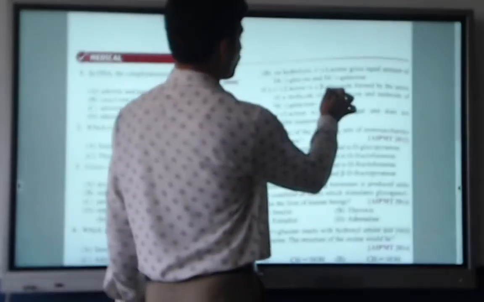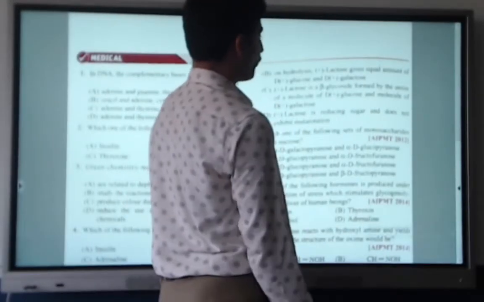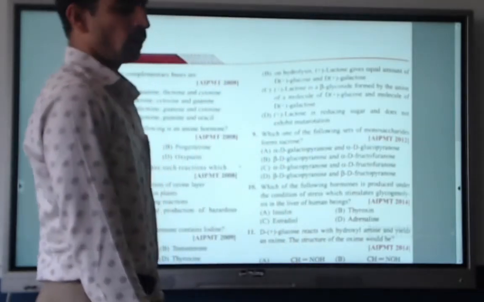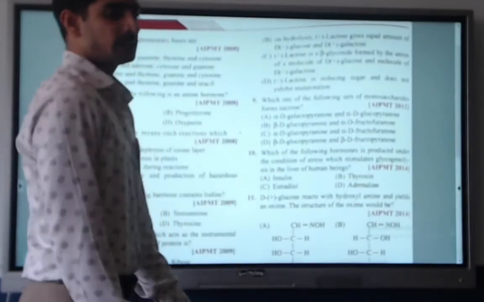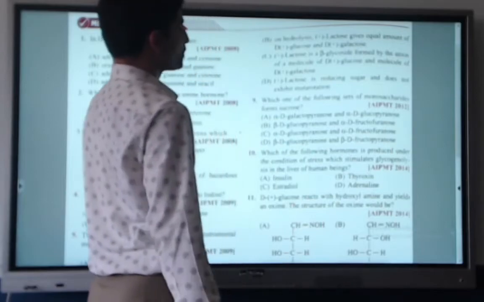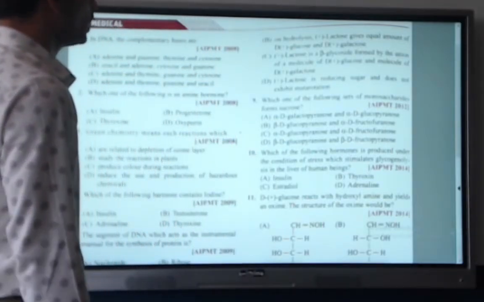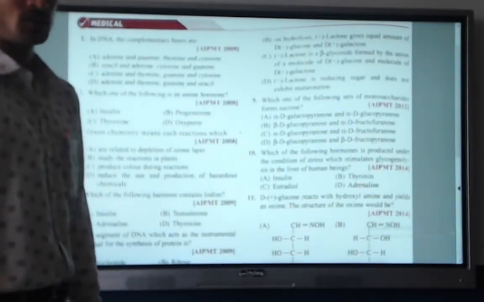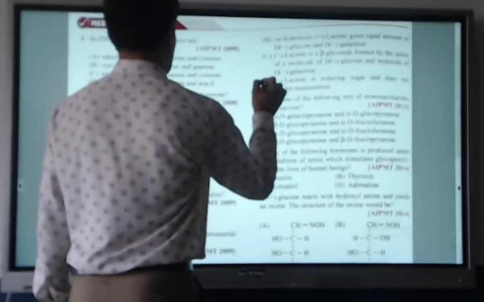Correct. C, lactose is a beta glycoside formed by the union of a molecule of D plus glucose and a molecule of D plus, meaning dextrorotatory, galactose. And D, plus lactose is a reducing sugar and does not exhibit mutarotation. So the wrong answer is D.